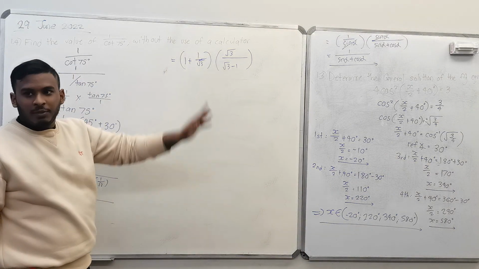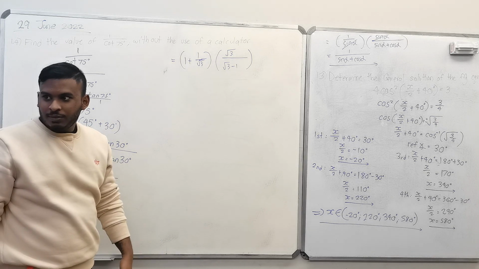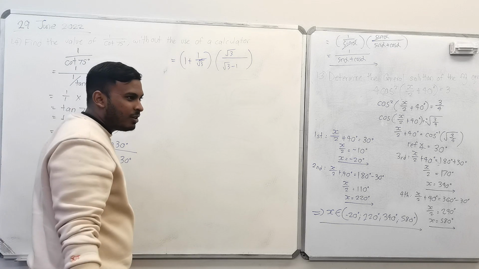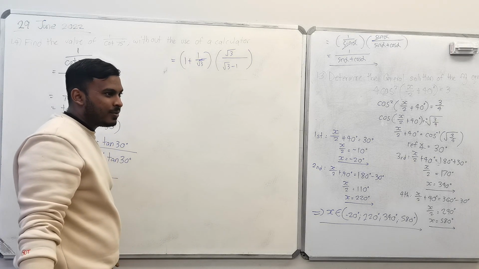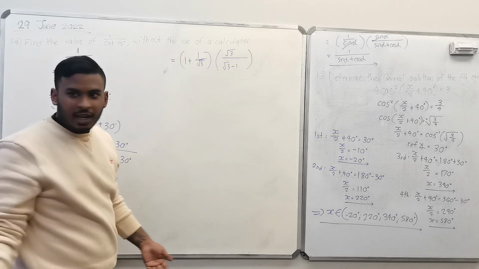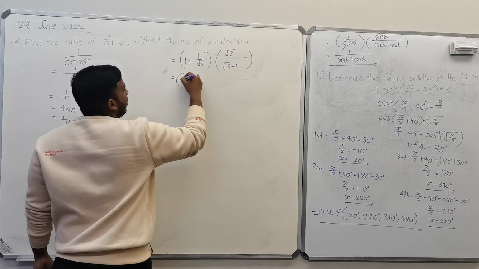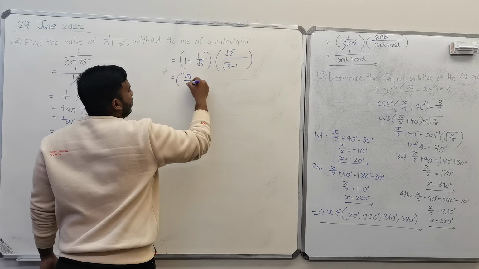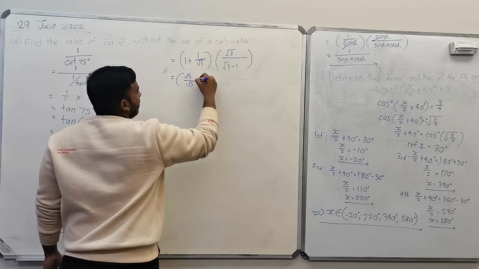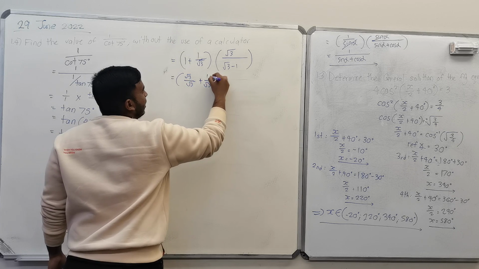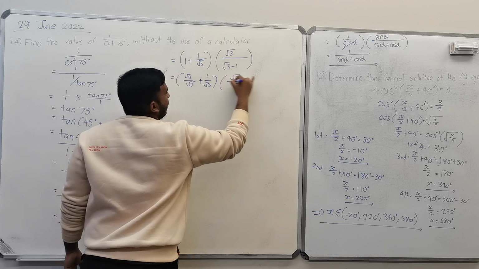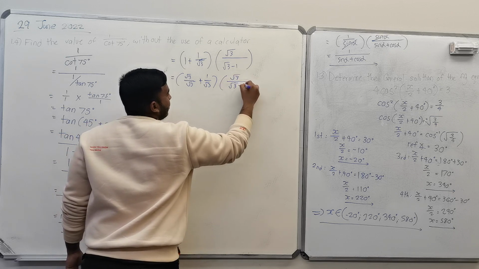Let's take that out from there, from the bottom. So how would you take it out? Same thing. So you will say here root 3 over root 3 plus 1 over root 3 being multiplied by root 3 over root 3 minus 1.